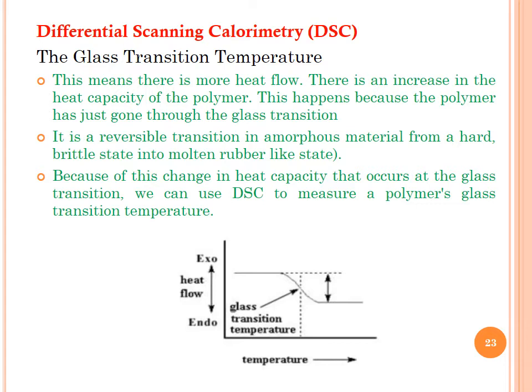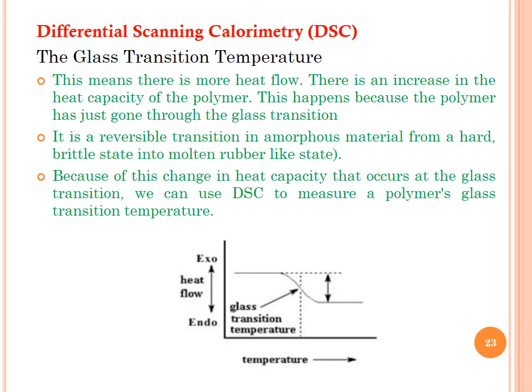A gradual and reversible transition in amorphous material from a hard, relatively glassy state to a viscous rubber state is a glass transition, and the temperature that is measured at this stage is called the glass transition temperature. It is a reversible transition in amorphous material from a hard brittle state into a molten rubber-like state.